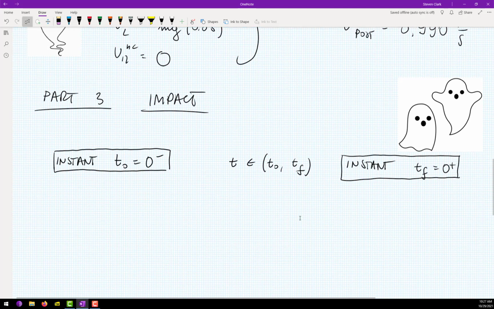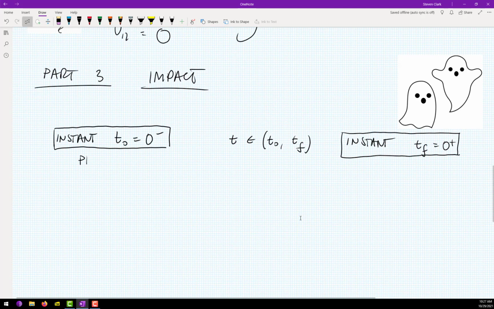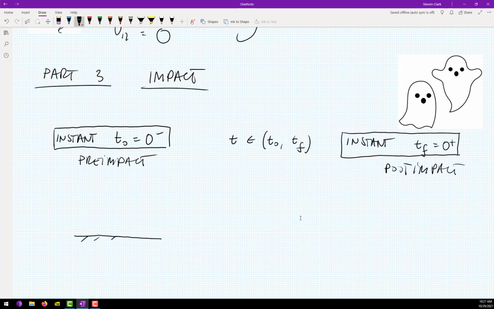Okay, so let's do pre-impact and post-impact. Let's draw our ground as well, again, here. Copy, paste. And we have our particle here, and we have mv pre.